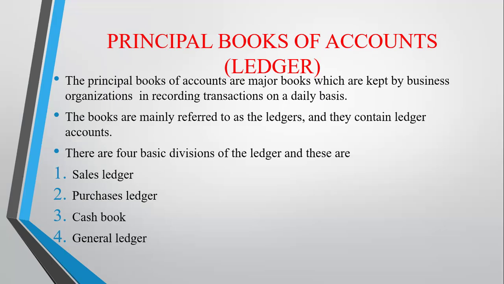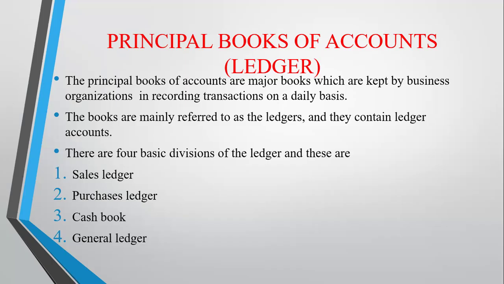So when we buy with cash, that is where it goes, the purchases account. But the purchases ledger contains credit purchases. When we record in our purchases journal, then we transfer to our purchases ledger.